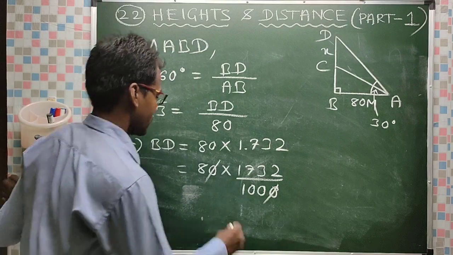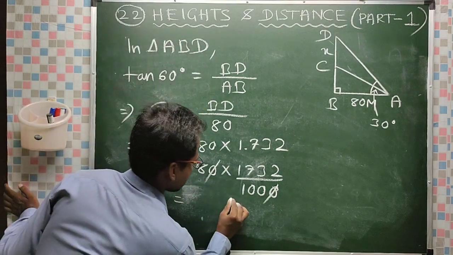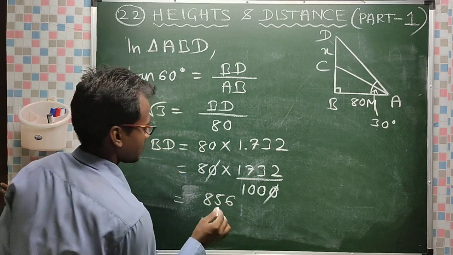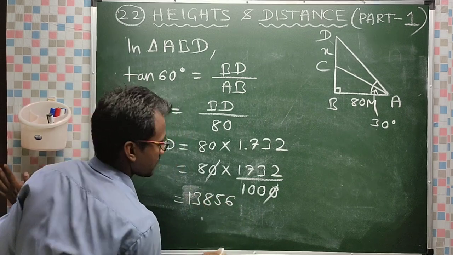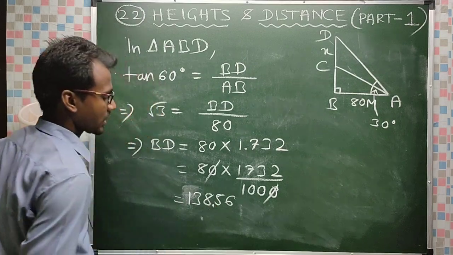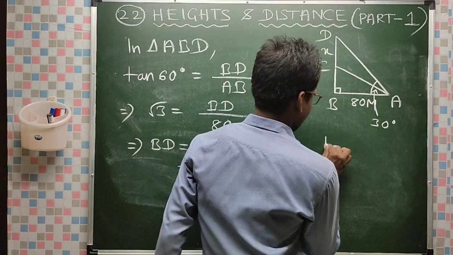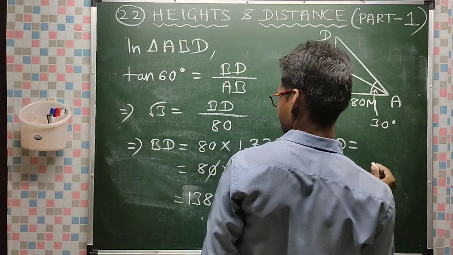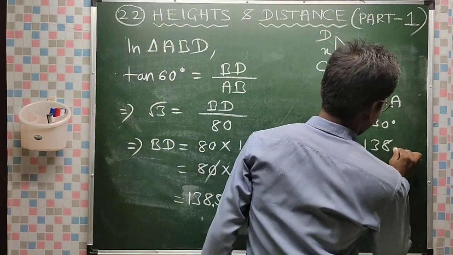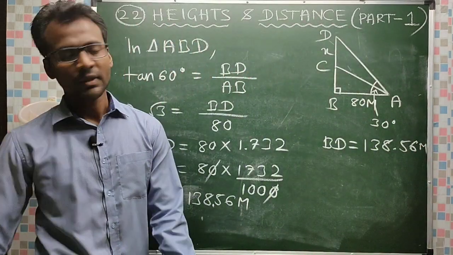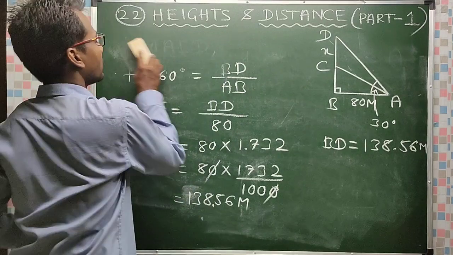Always mind the decimal, okay? So it will be 138.56 meters, okay? So BD is equal to 138.56 meters, okay?